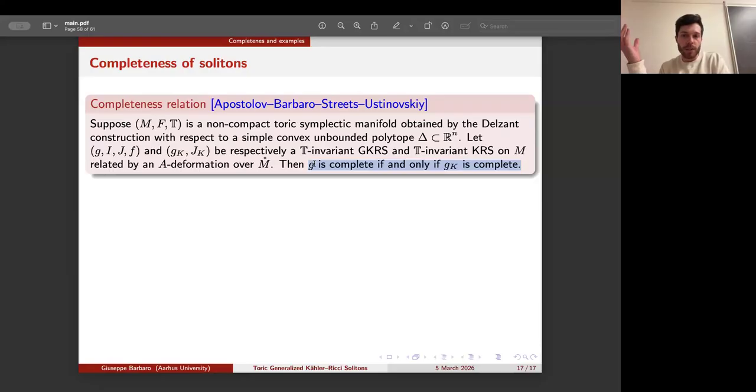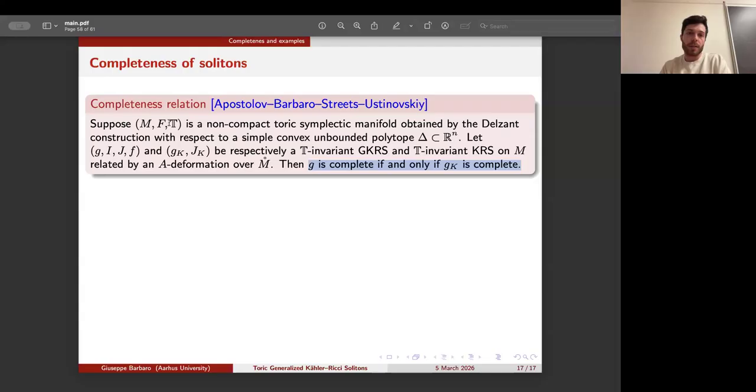And why is this true? This is because checking the completeness means that you're checking the properness of the distance function.